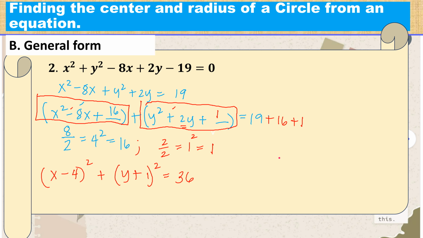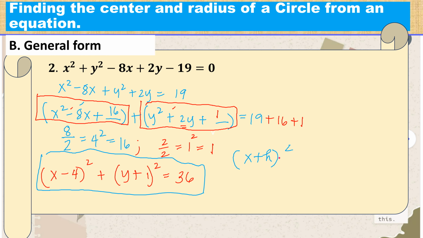So therefore, this is already in its standard form, which is x plus h squared plus y... I'm sorry, it's not x plus h in the standard form. It is x minus h. So therefore, this is x minus h squared plus y minus k squared is equal to r squared.